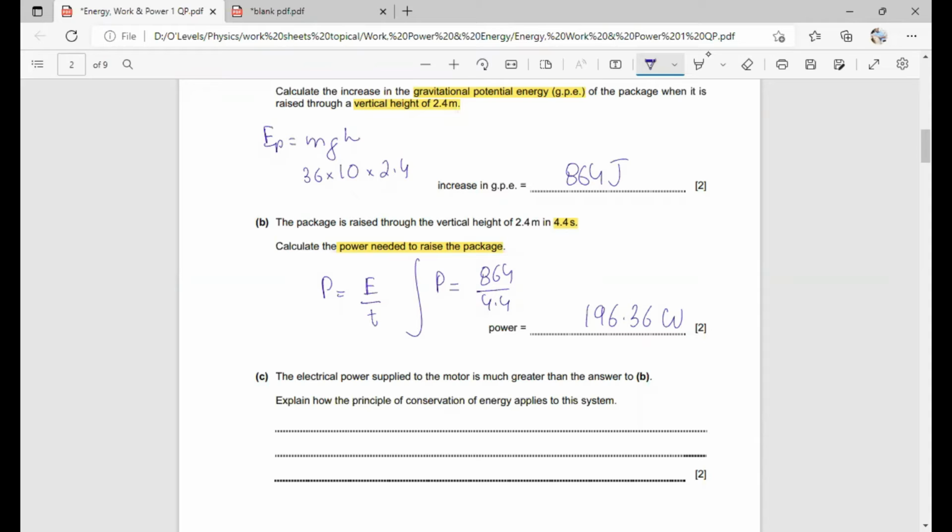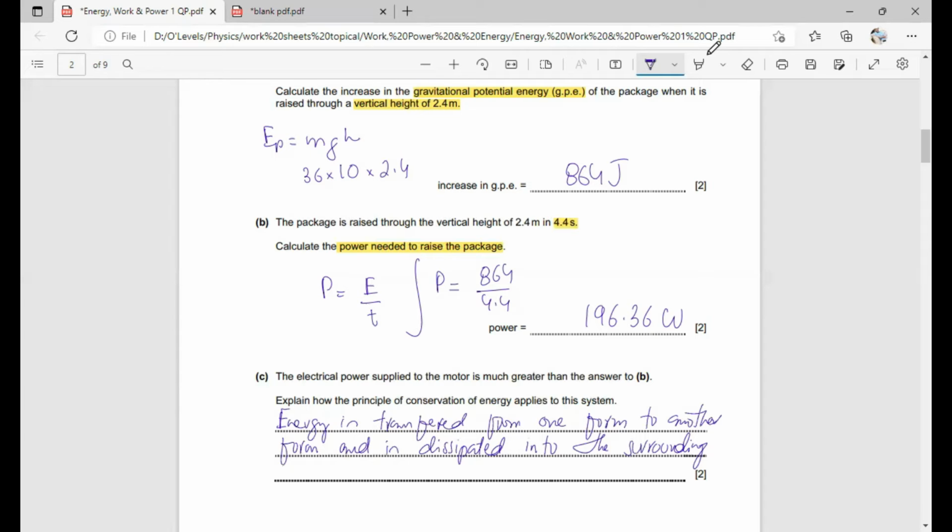energy is transferred from one form to another form and is dissipated, wasted, into the surroundings.